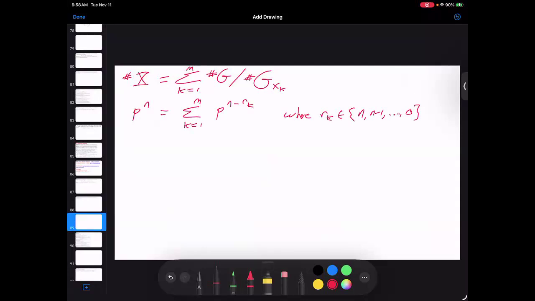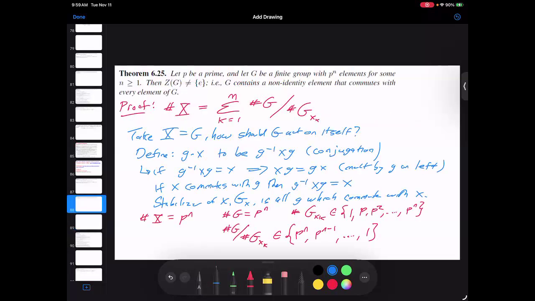Okay. We know this side, the left, is a multiple of p. So this must be a multiple of p. Is there any danger in one of those terms not being a multiple of p? So each term is going to be p to the n minus some rk. We showed that the stabilizer is either going to be of size 1, p squared up to p to the n.